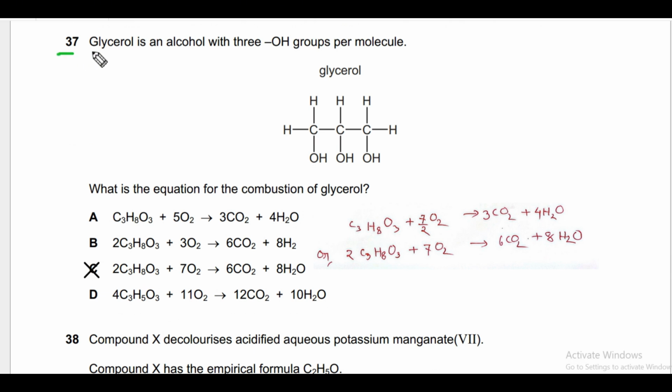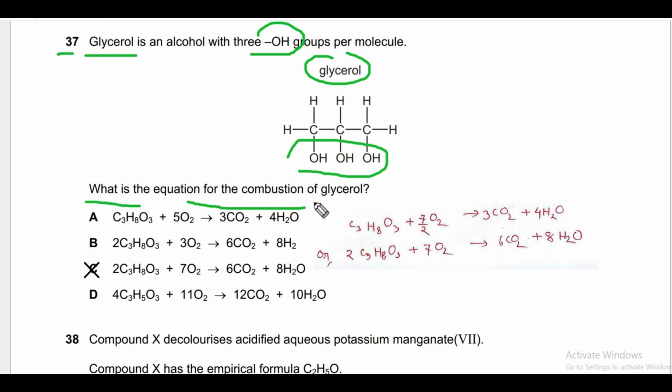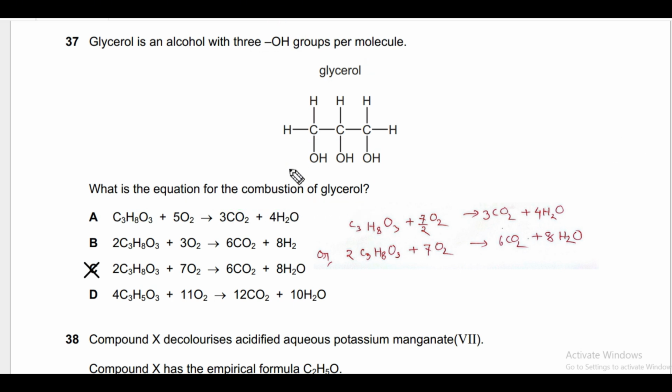(37). Glycerol is an alcohol with 3 hydroxyl groups per molecule. This is glycerol. This contains 3 alcohol groups. What is the equation for the combustion of glycerol? If you write this formula, 3 carbon, C3, hydrogen 8, oxygen 3. If you burn it in oxygen, it produces carbon dioxide and water.